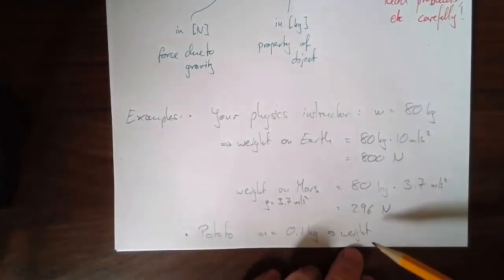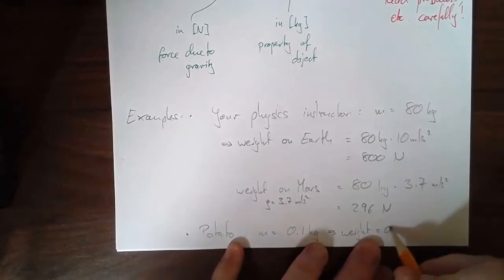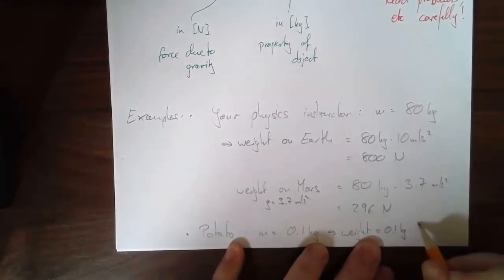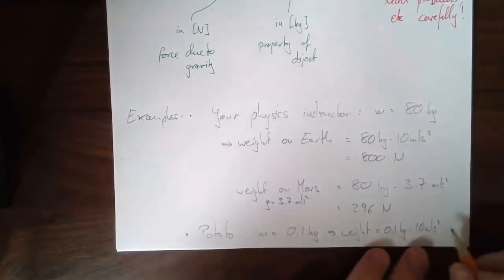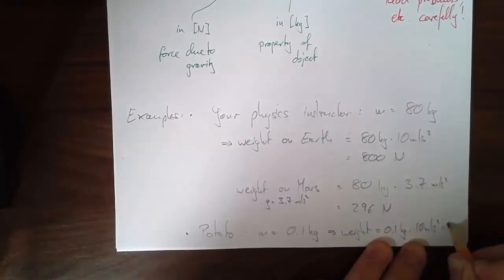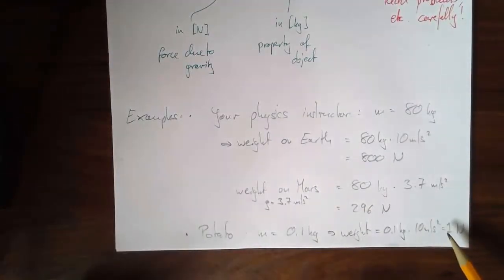The usual implication is it's on Earth. Assume stuff happens on Earth unless you're told otherwise. Weight would be 0.1 kilogram times 10 meters per second squared. Well, 0.1 times 10, that's just 1 newton. Okay.